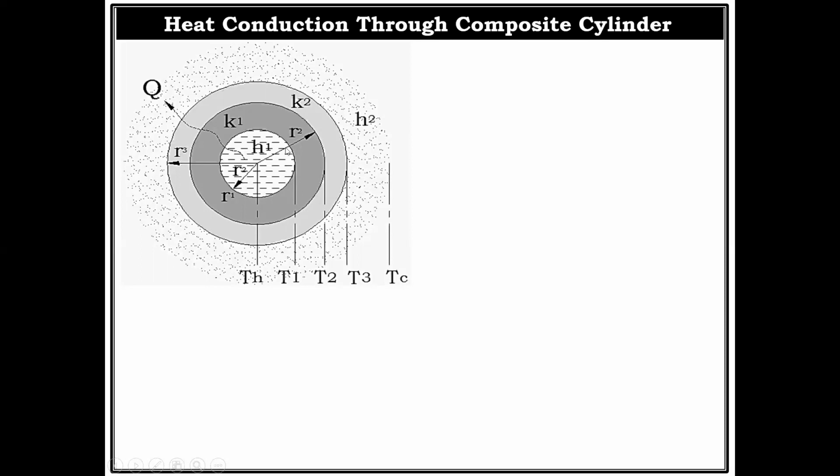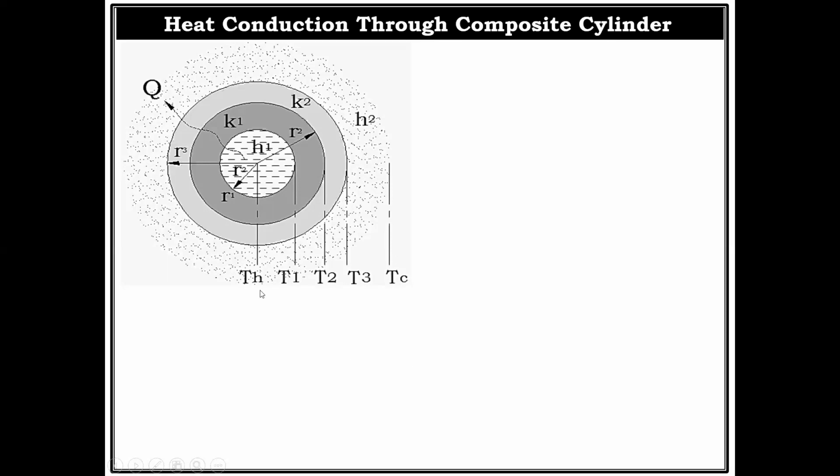The inner cylinder has hot fluid with convective heat transfer coefficient H of H and temperature TH, and the outer surface of the cylinder is in some atmosphere having convective heat transfer coefficient H2, or H of cold fluid, and temperature TC.